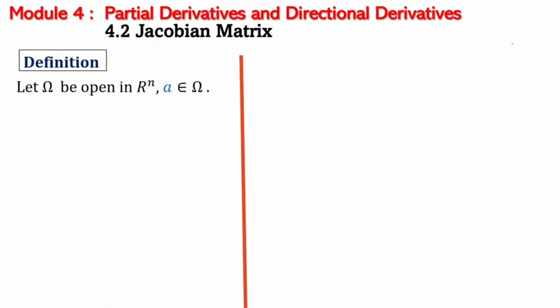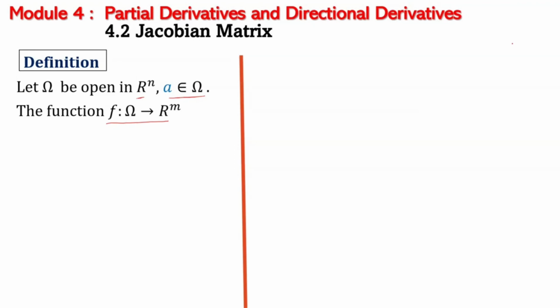Let omega be open in Rn and A a point in omega. We define a function f from omega to Rm.